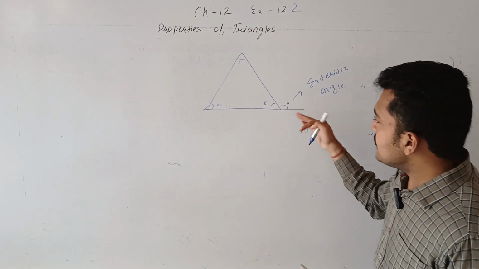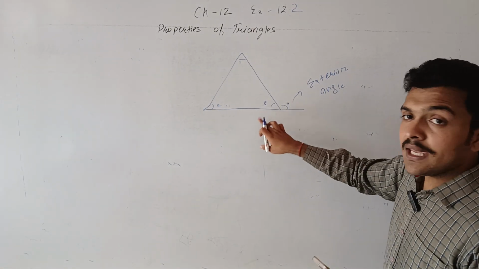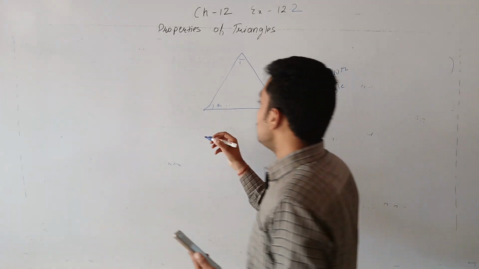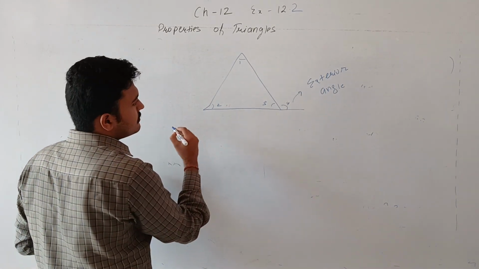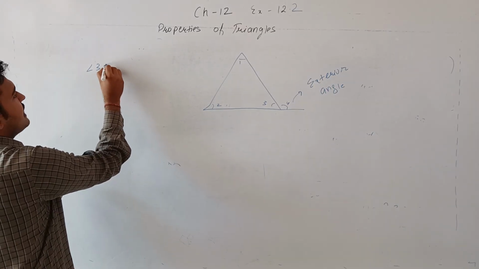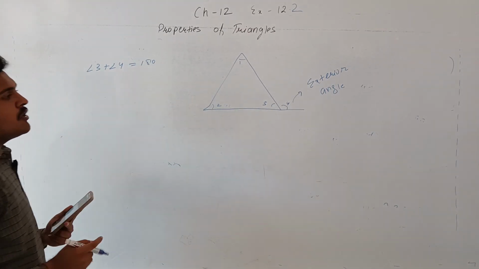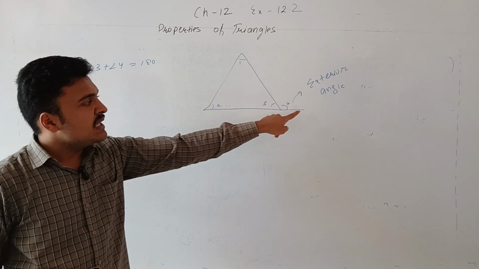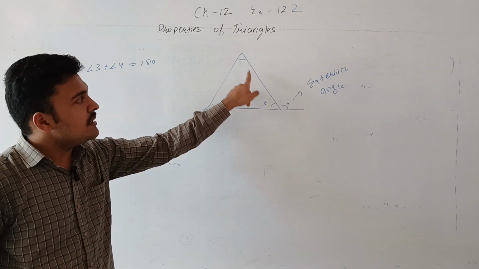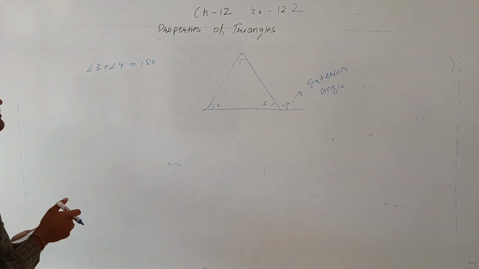Now we also know that this is a straight line, so this total angle must be equal to 180. Therefore, we know angle 3 plus angle 4 must be equal to 180, because it is a straight line.